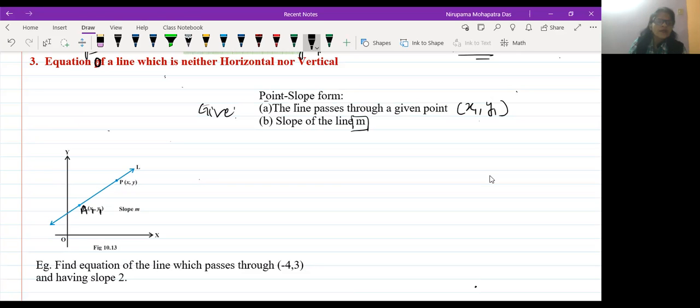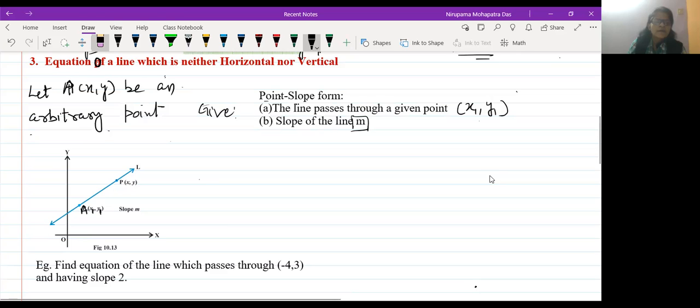Let P(x, y) be an arbitrary point on the line.